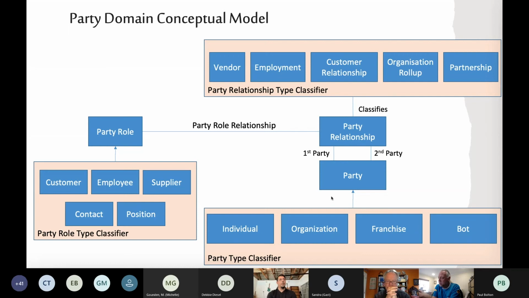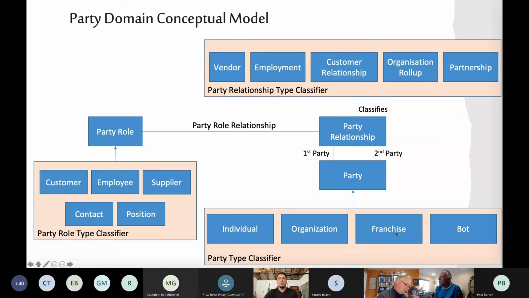If you have a customer 360 or an employee 360, student 360, anything like that, under the hood, you're dealing with parties with a specific type of classifier. So first of all, parties can either be individuals or organizations. I would actually say franchise, Howard, is probably an organization too.